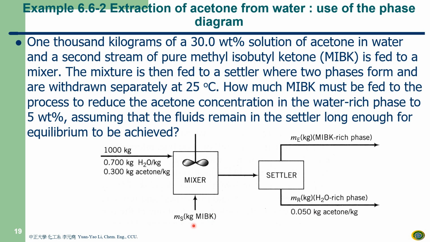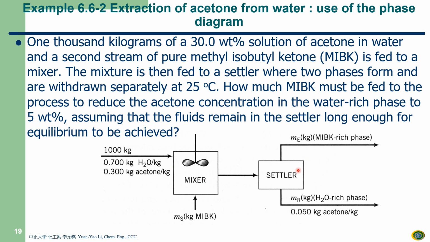But if you feed a lot of MIBK, you might get 2% or 1%, but you waste a lot of money. If 2% is too good and 5% is good enough, you need to know how much MIBK is required to feed into the mixer.